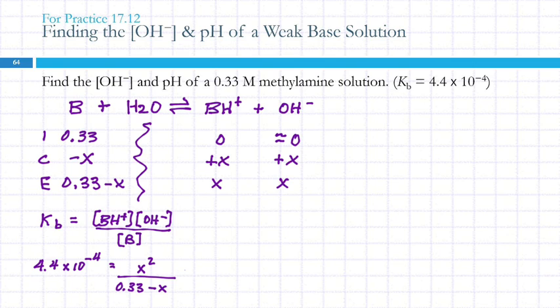4.4 times 10 to the minus 4. And over on the right, we've got X squared divided by 0.33 minus X. X equals 0.01183.